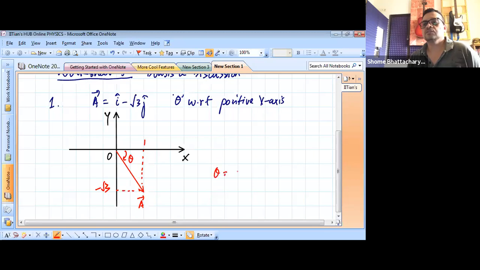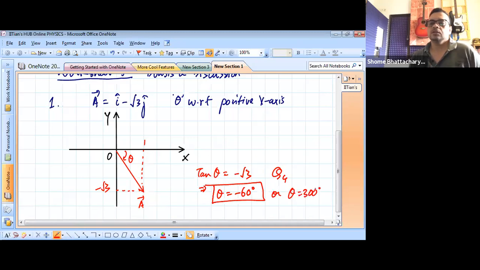So tan theta is equal to minus root 3, perpendicular upon base, and it's in quadrant 4. So theta will become minus of 60 degrees. Or you can also say that theta is equal to 300 degrees. You can express it as positive of 300 or minus of 60. Okay. Right, so this was the first question.